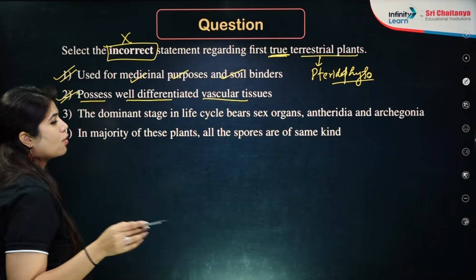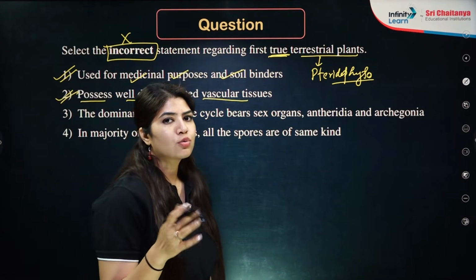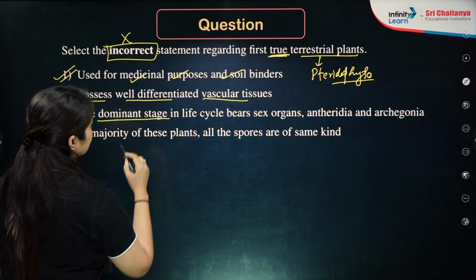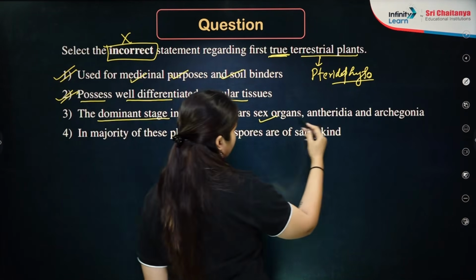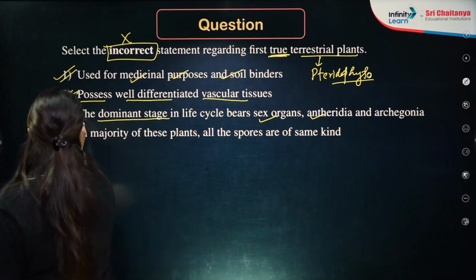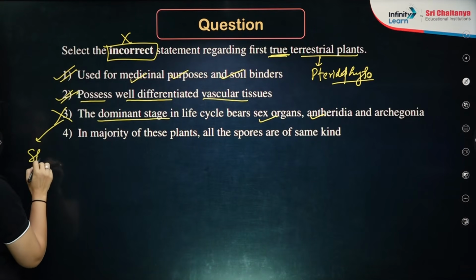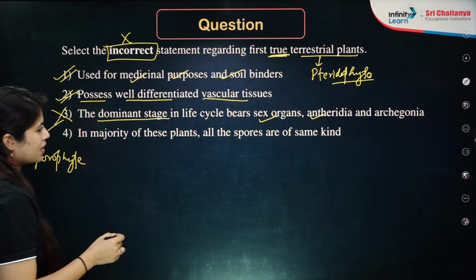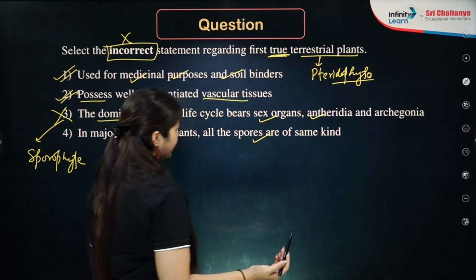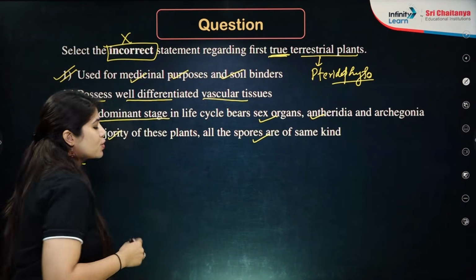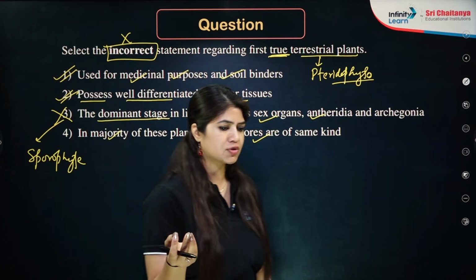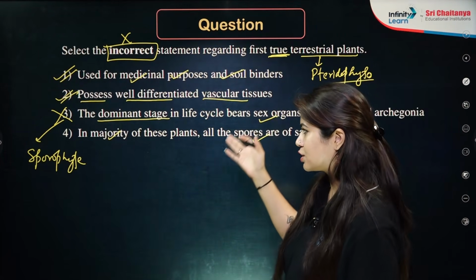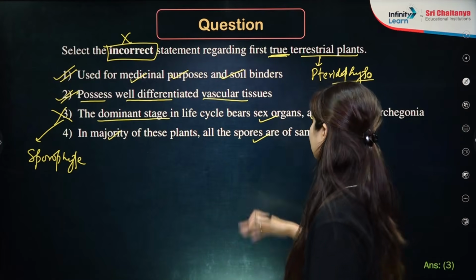These are the ones from where vascular bundles started to appear. So yes. The dominant stage in life cycle bears sex organs, antheridia and archegonia. The dominant stage is going to be sporophyte. So this is my wrong statement. Then in majority of these plants, all the spores are of the same kind. Yes, most of them are homosporous. Few of them are heterosporous, which is my Selaginella and Salvinia. So option number 3 is wrong. Rest all are correct. Answer has to be option number 3 here.